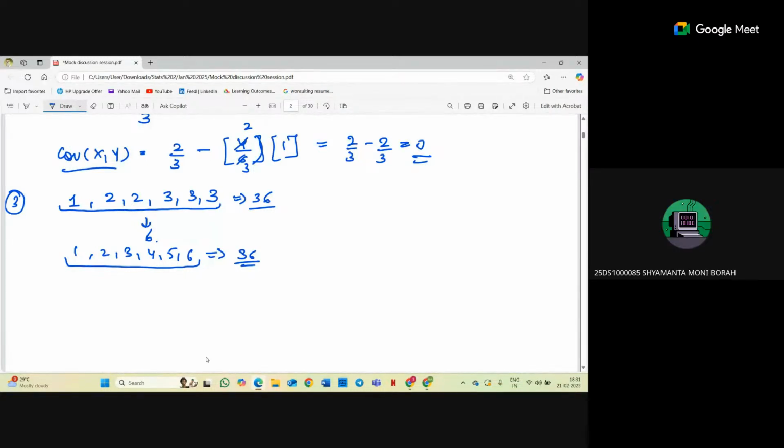My query is that when we do it in tabular format, we write x, then y, then x plus y, and then the probability. In that case I was getting a mismatch, because the probability of appearing 2 would be 2 into 1 by 6, which would be 1 by 3.